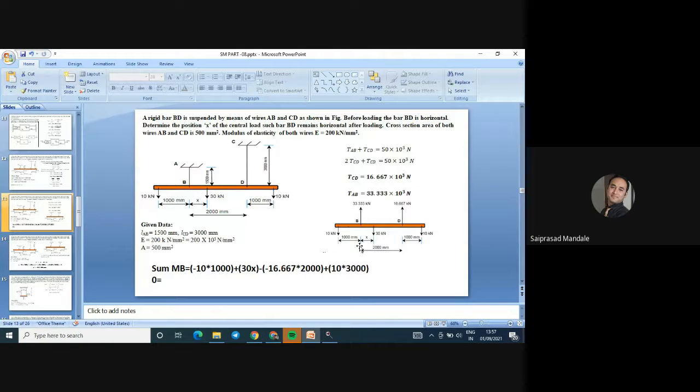So 10 into x, 10,000, 30 into x, then 16 into 2000, and then 10 into 3000. The summation of moment at B is equal to 0. So can we find the value of x?